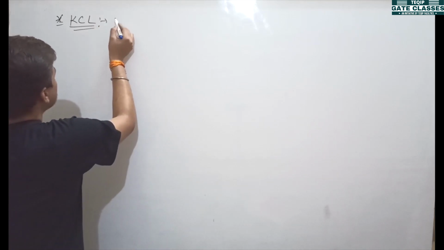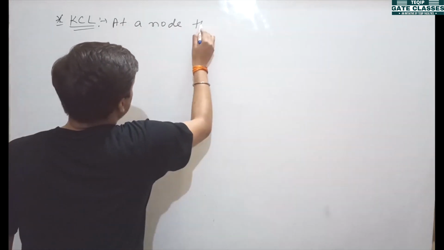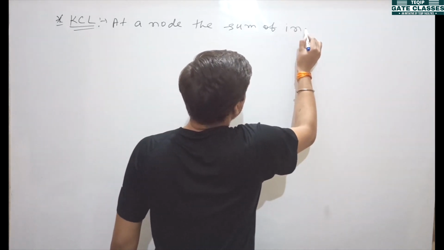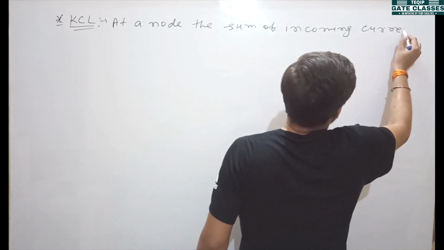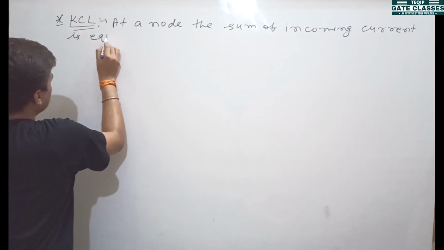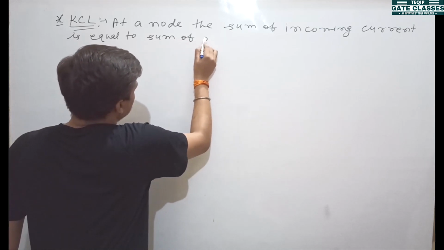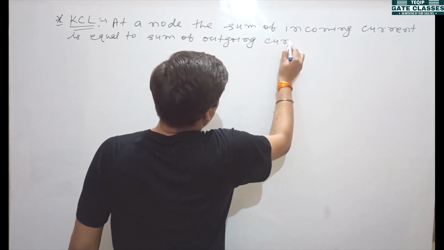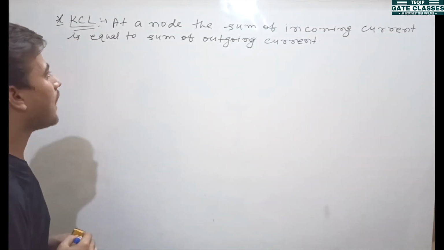It says that at a node, the sum of incoming current is equal to the sum of outgoing current.